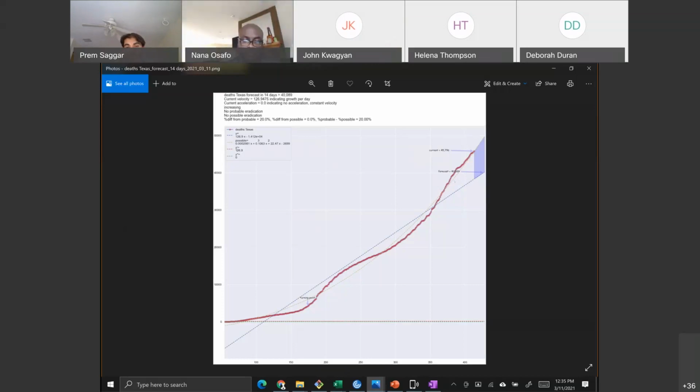But the thing is, we are forecasting 40,000, and Texas is already at 45,000. So this is a digression from the best fitting line, and that happens because this line factors in all these points. At some point we'll have to adjust the model to say, okay, it is much closer to the possible, which is this yellow dashed line.